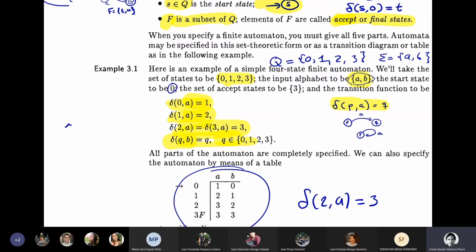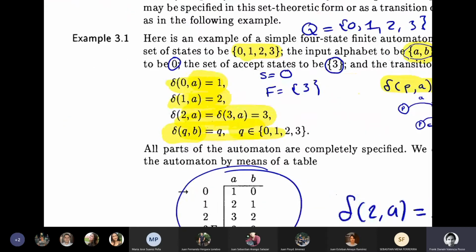So in that case, S is this 0. And the accepting states is only this set. So it means that you only have one accepting state. So F is 3.